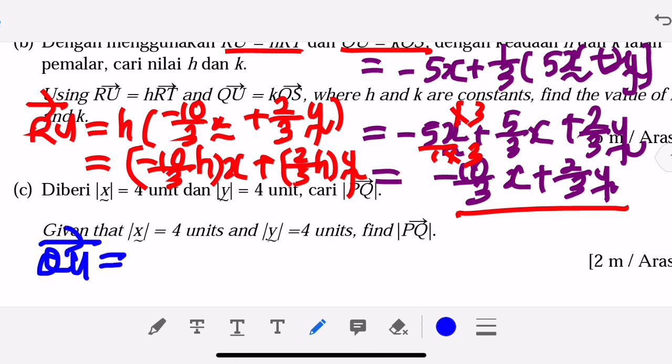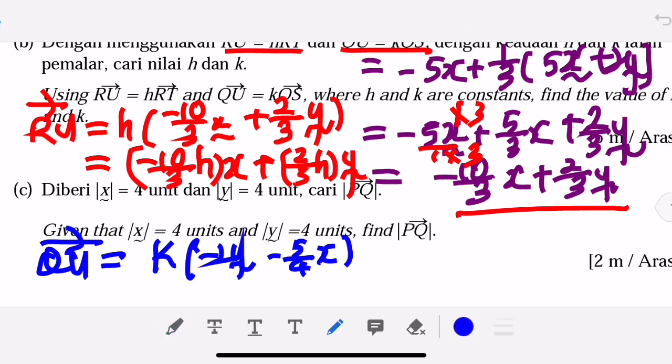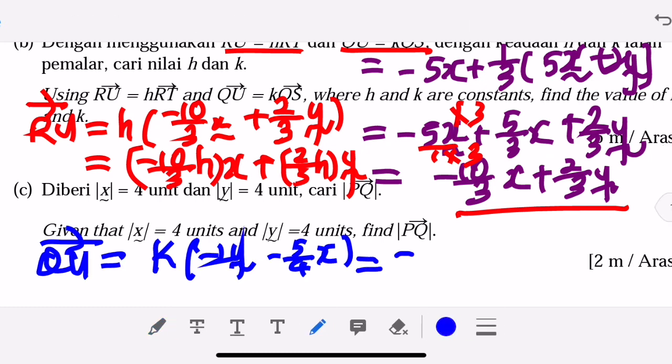QU is also given, so we just substitute accordingly. So we will write down QU equal to k. We will substitute the vector inside, so we write the k, then we write the vector we found just now. Then we will simplify into how many kx and how many ky.